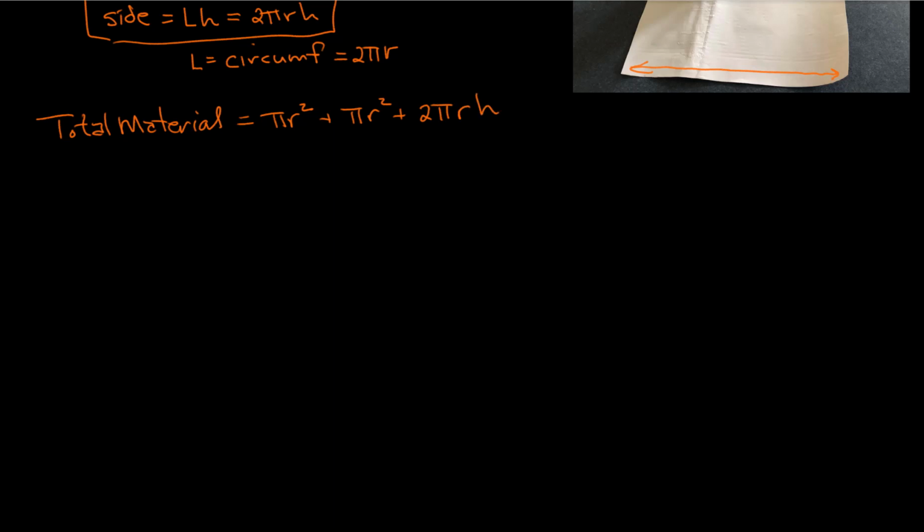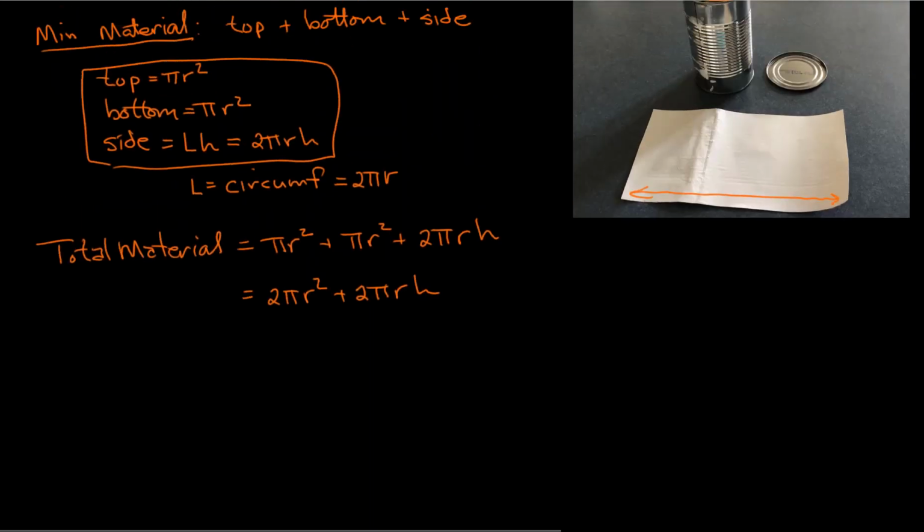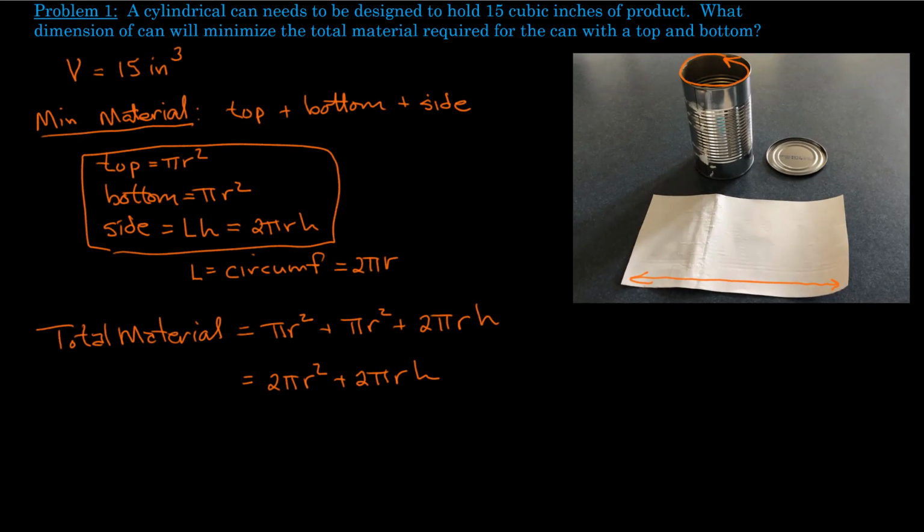This will simplify some. We can add the pi r squareds together and you get 2 pi r squared plus 2 pi r h. Okay, so we have a formula here. We have a model that will talk about the total material required to construct a can.